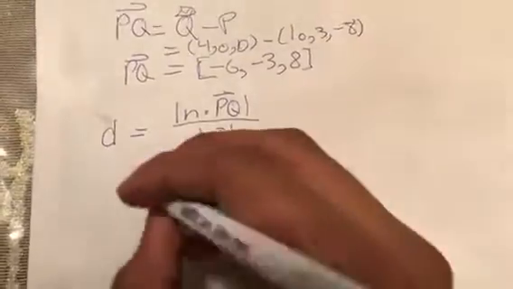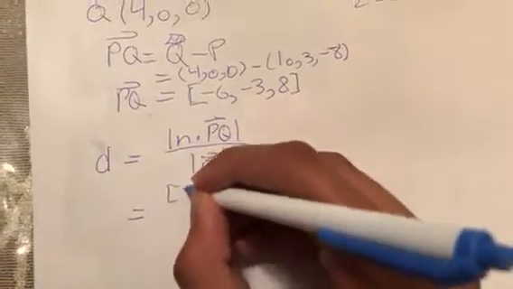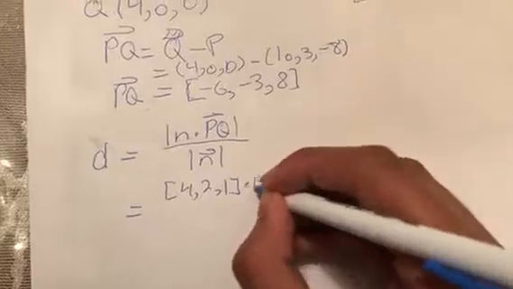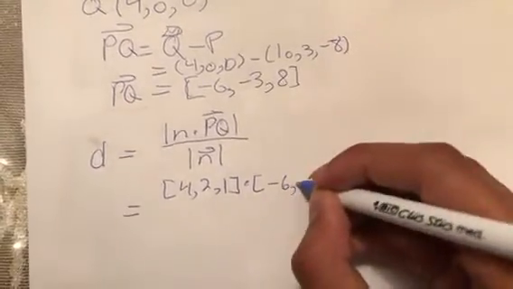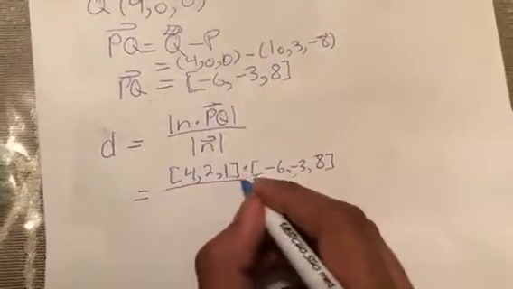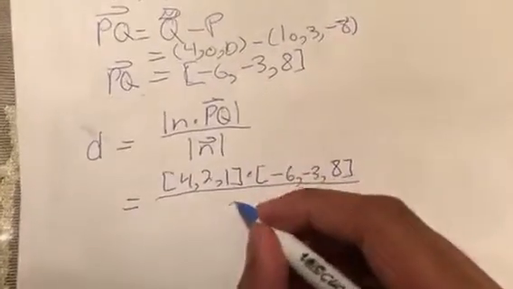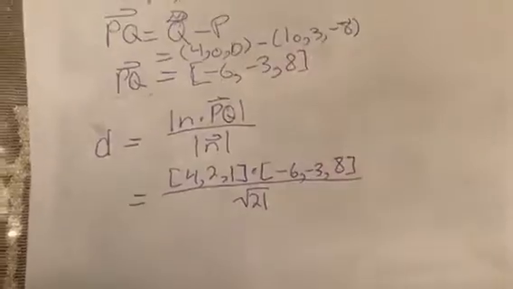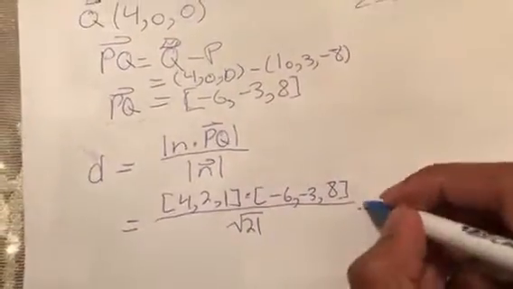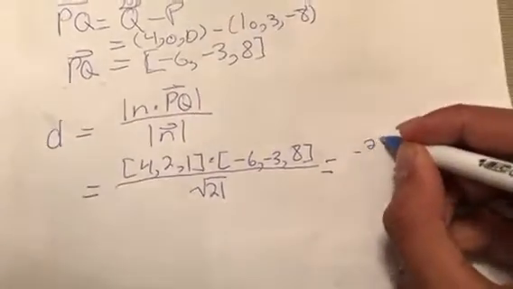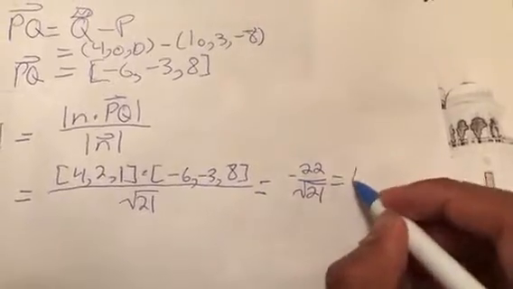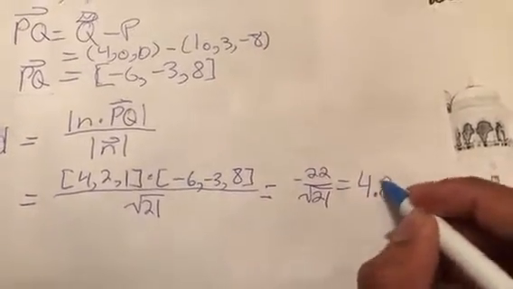So when you sub in all these values, you'll get (4, 2, 1) dot product (-6, -3, 8), all over the square root of 21, which is the absolute value of the n vector, which would give you -22 over root 21, which equals approximately 4.8.